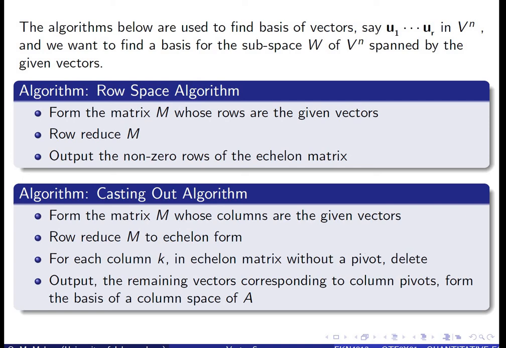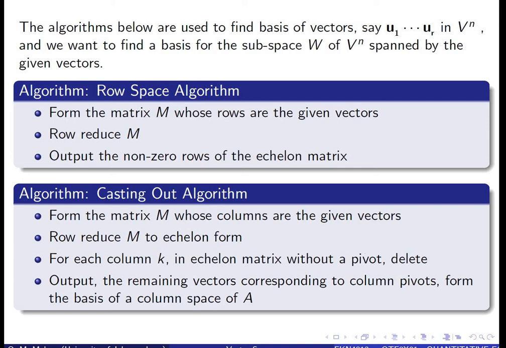Once you have performed row operations on your original matrix, the resulting matrix will be a row reduced one, right? So the output will be the non-zero rows of the echelon matrix, right?